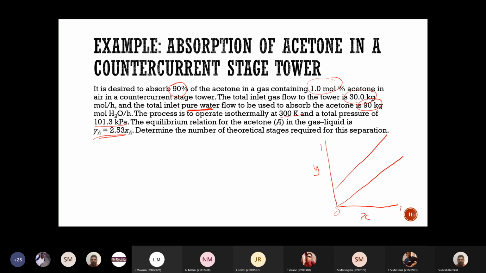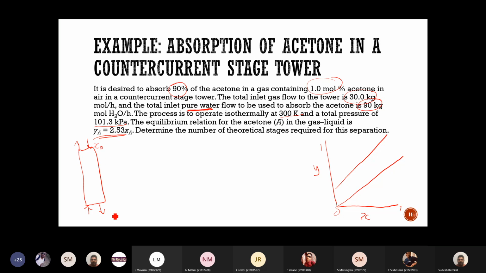How do I work out the maximum and minimum values in order for me to plot this graph? Let's put it into the tower here. In the tower, you've got L0, X0 coming in.